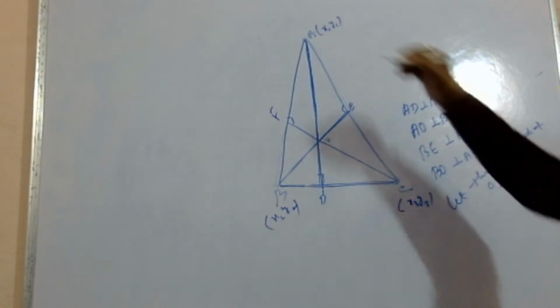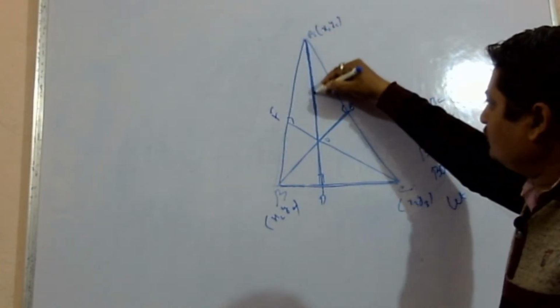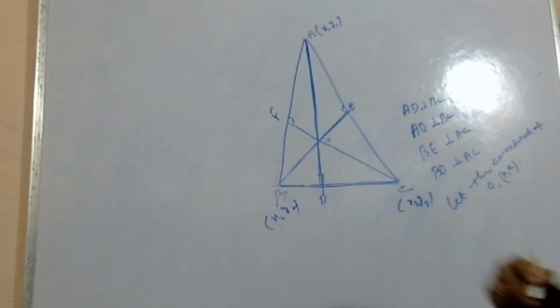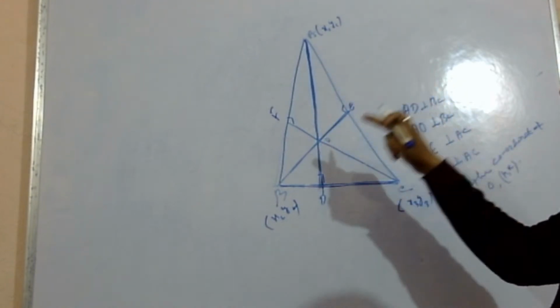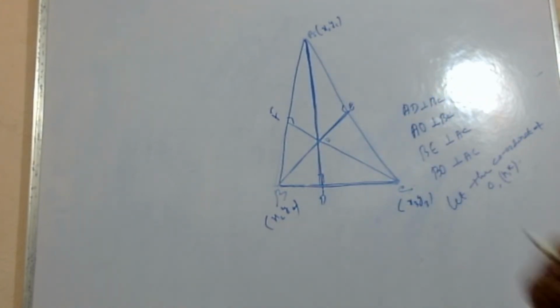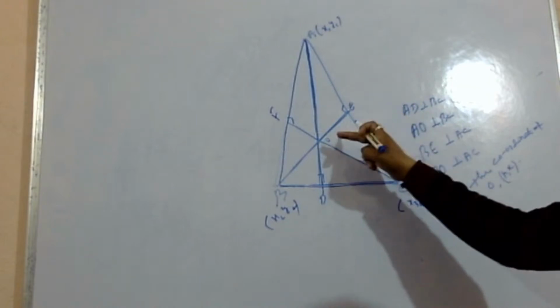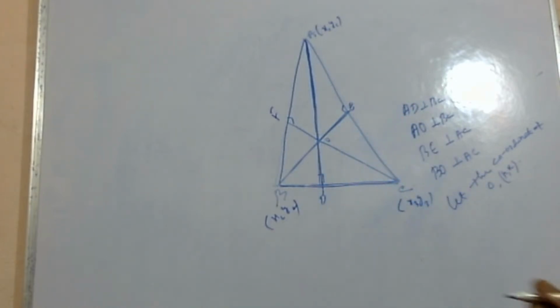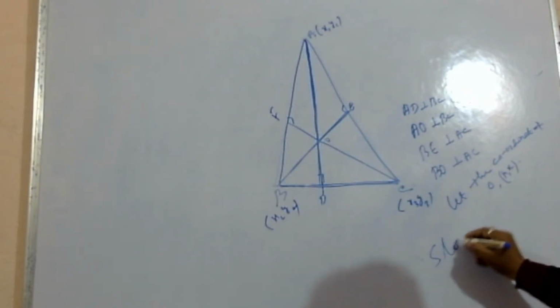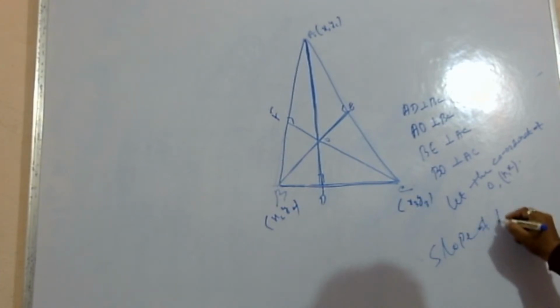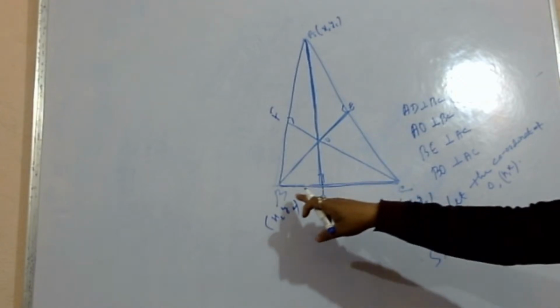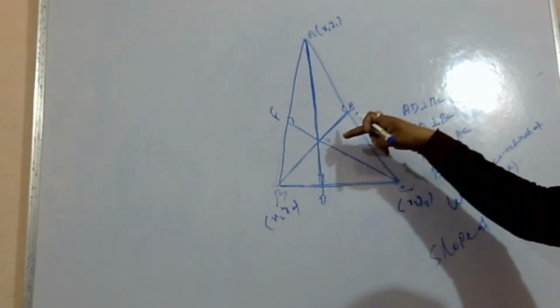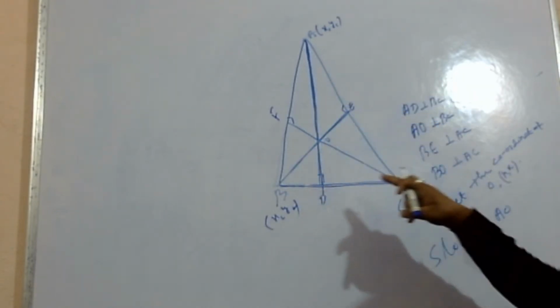Now here AO is a line. Its two points are given, A point and O point. Then find the slope of AO. Yes or no? Yes. Clear? Then the line AO is perpendicular to BC.